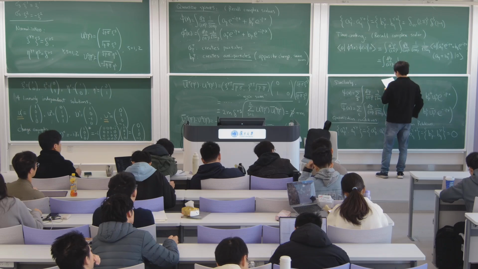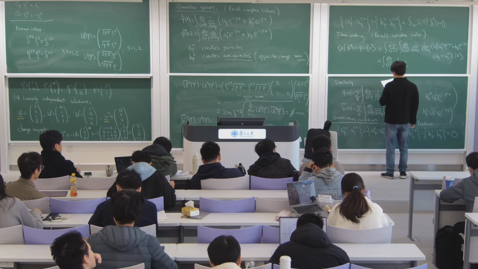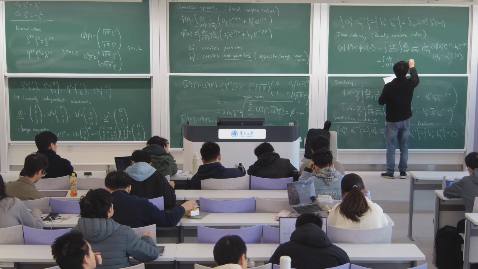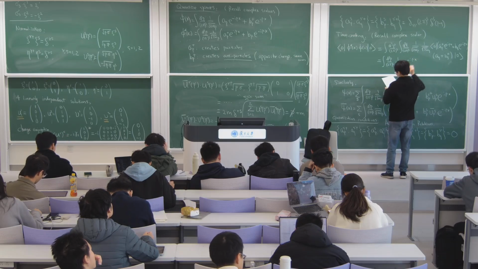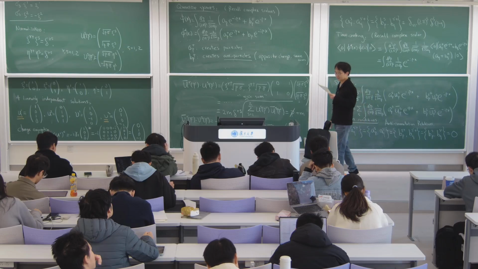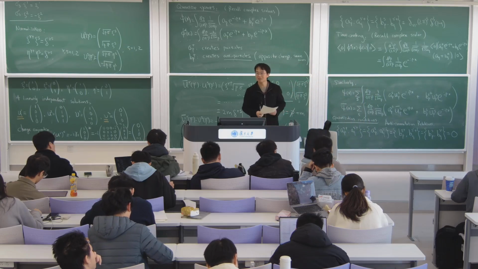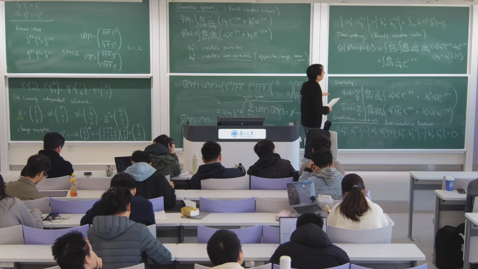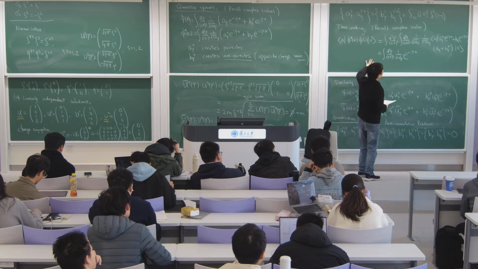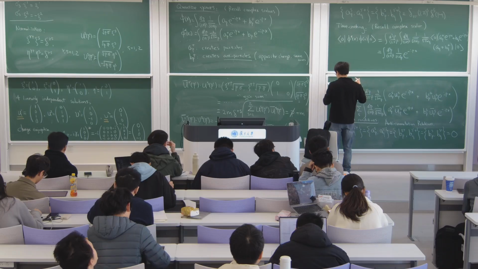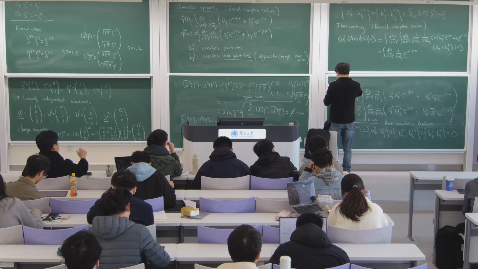It's very familiar, right? This should be e^{-ip·x}. The familiar result. In the third lecture, we covered in great detail how to compute this.